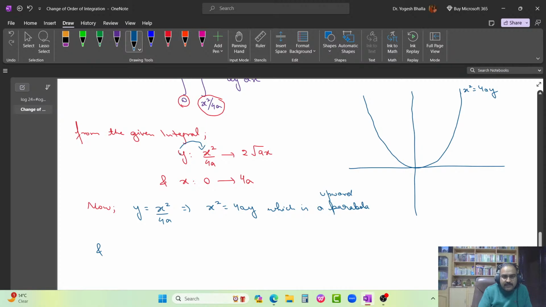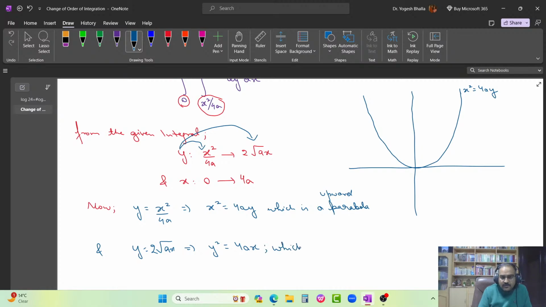Also, they have given that y is equal to 2 times root of ax. Squaring both sides, it will be y square is equal to 4ax. It is also a parabola, a right hand parabola.